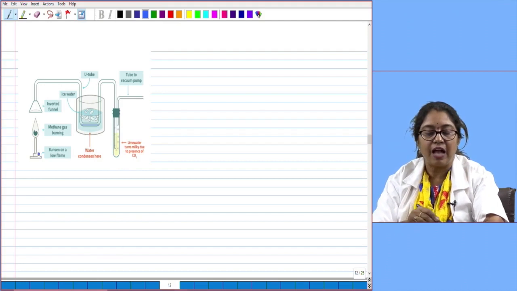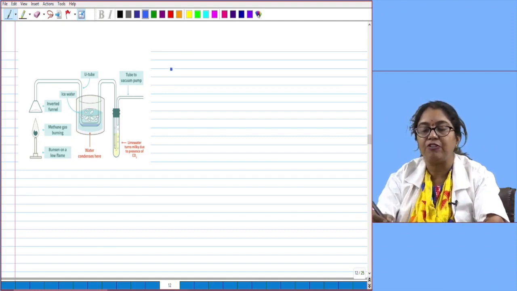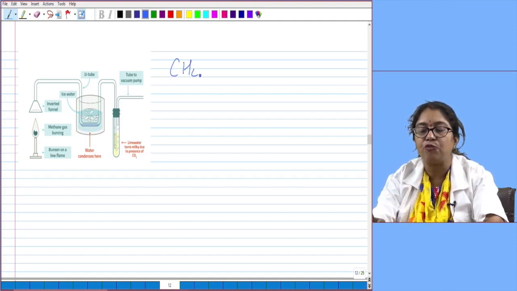Here we have a Bunsen burner which is burning, and it uses methane as the fuel. Methane is a hydrocarbon containing carbon and hydrogen, with the formula CH4, children.